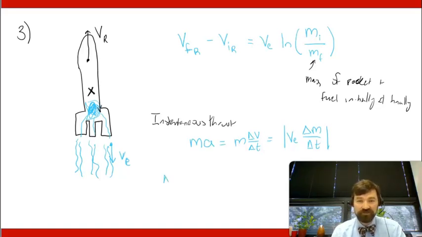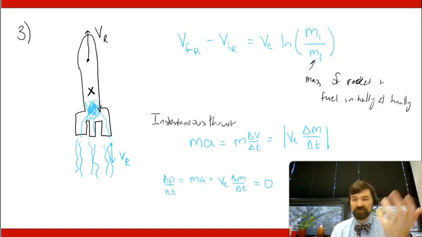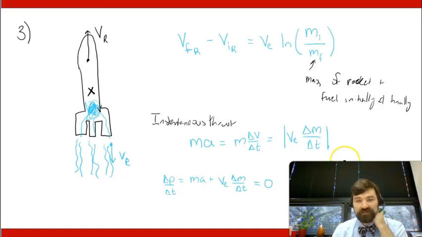And as we know, delta P over delta T is m times a plus v times delta m over delta T. And so basically, we can rearrange this system by saying that this must be zero. We rearrange the system and we insert that this is the exhaust speed relative to the rocket, and you get this equation here for instantaneous thrust.